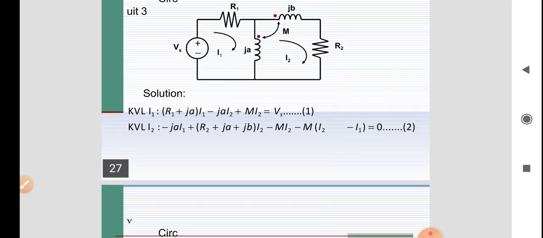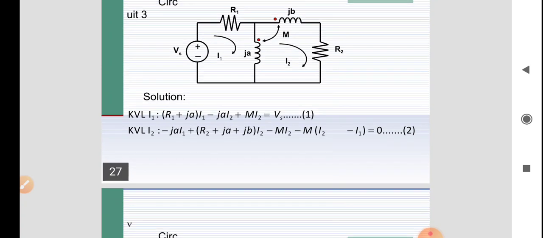Similarly, coming to the second loop, we have the elements R2 plus Jb plus Ja into I2. But in case of Ja, along with I2, there is another current flowing, which is I1. As I2 and I1 are both flowing in the opposite direction, the expression is minus Ja into I1.